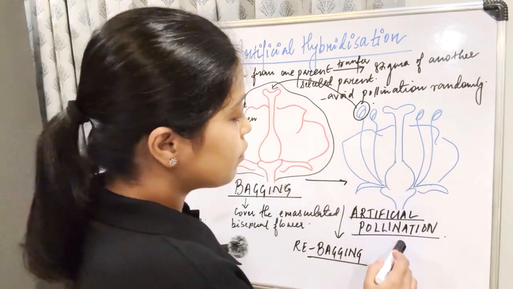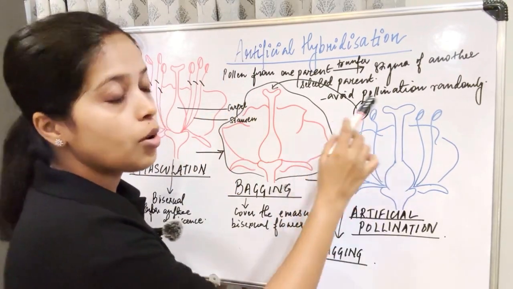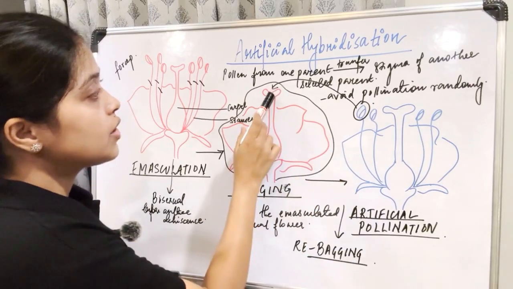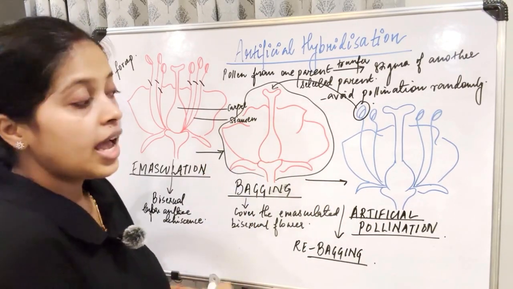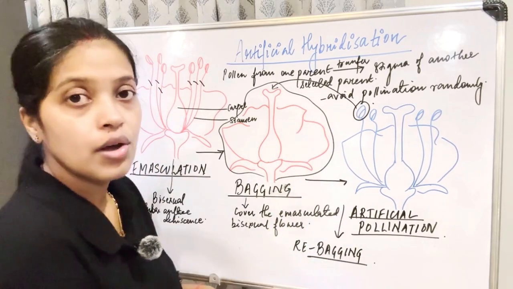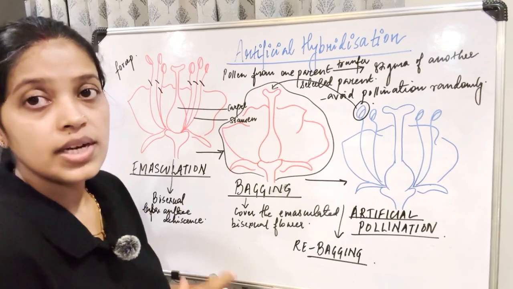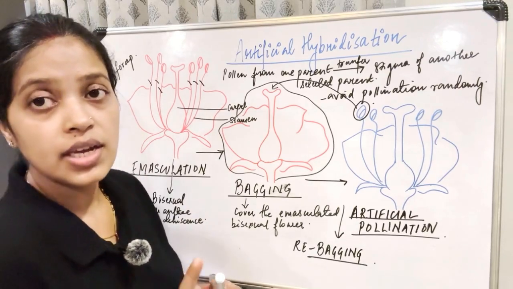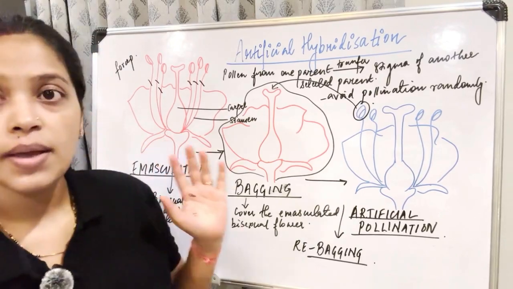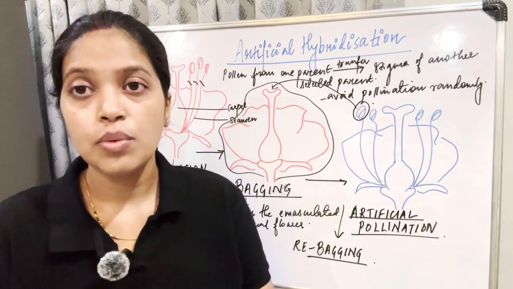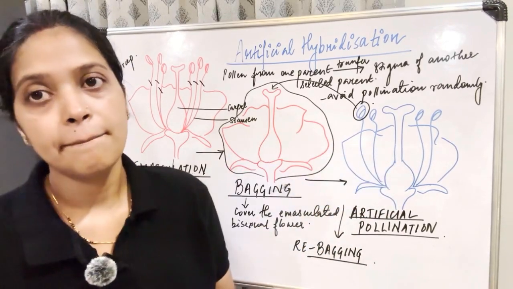Then we move to artificial pollination, where we collect the pollen from one parent and transfer it to the stigma of this emasculated flower, and then we move to rebagging. We cover this plant so that again there is no chance for random pollination, and this is how we generate a new variety which has desirable characters from both parents.